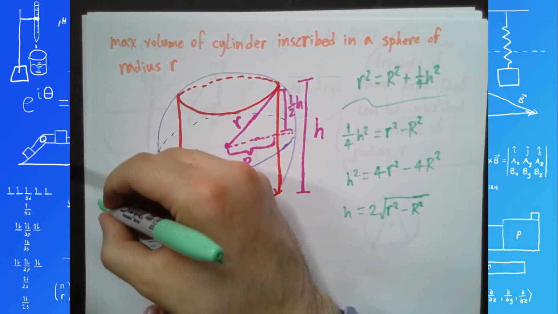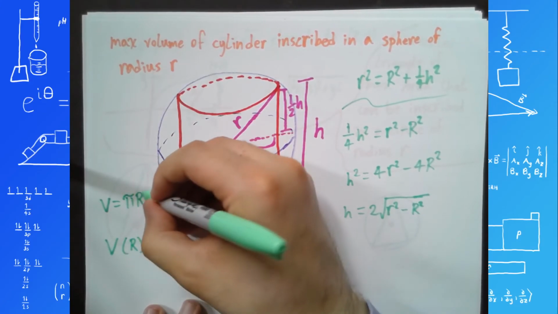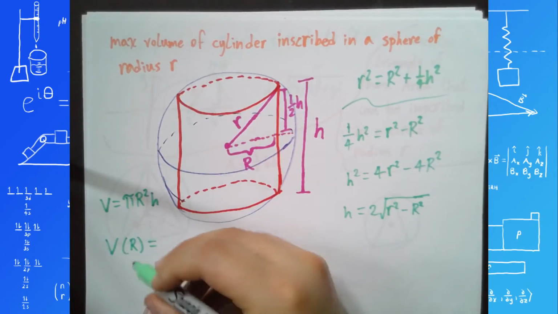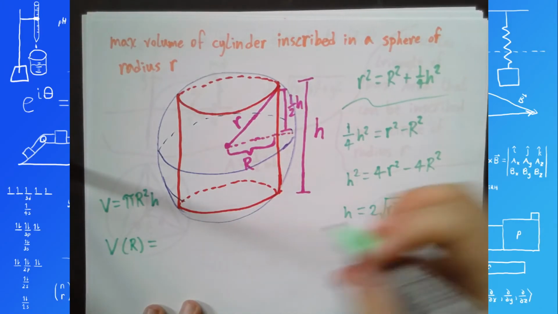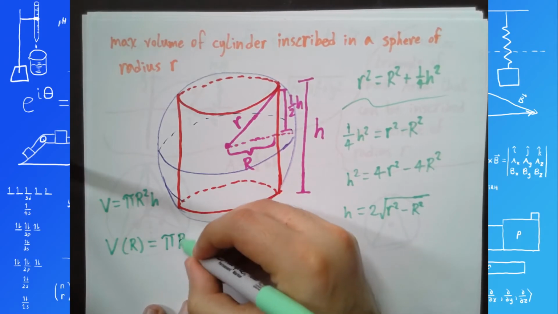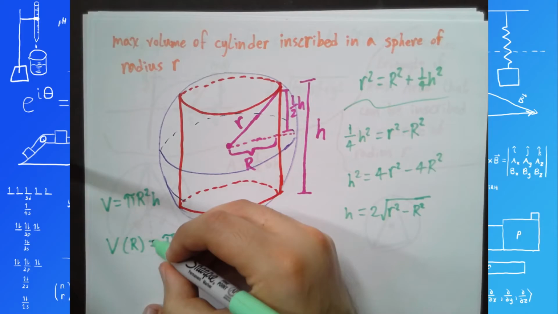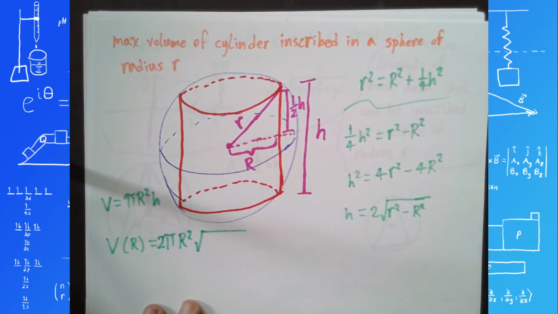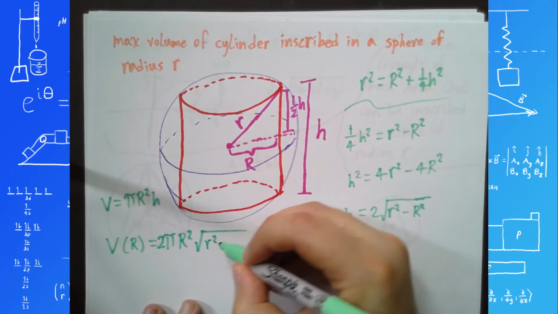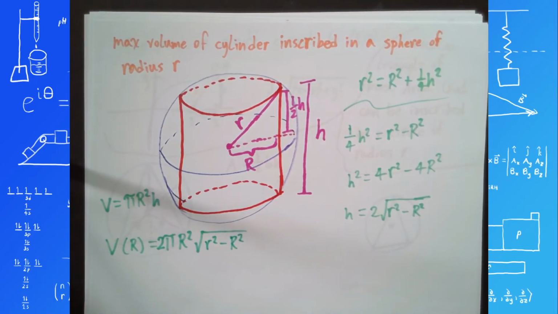So volume of a cylinder in general is going to be pi r squared h, but if I rewrite the h in terms of big R, then that's going to be pi big R squared times 2 times the square root of little r squared minus big R squared. Okay. And then from there, differentiate and set your derivative equal to 0.